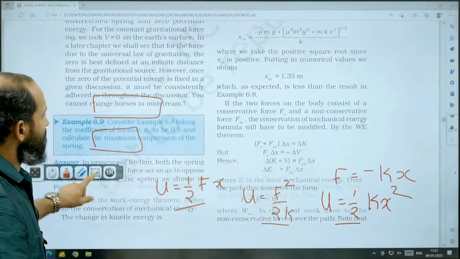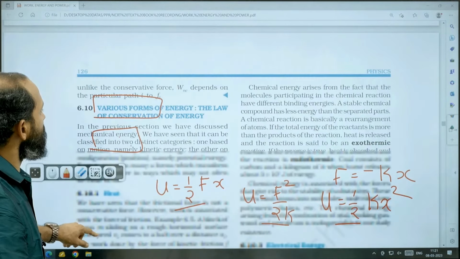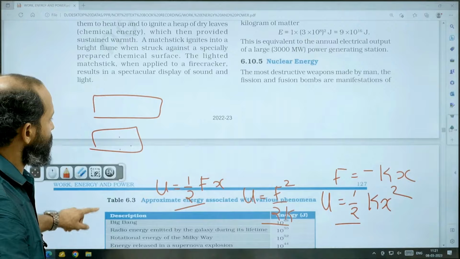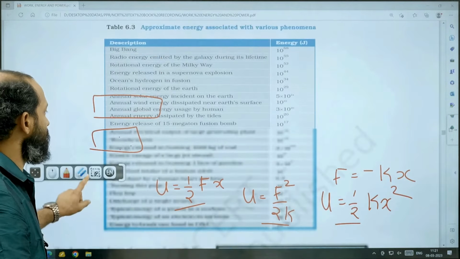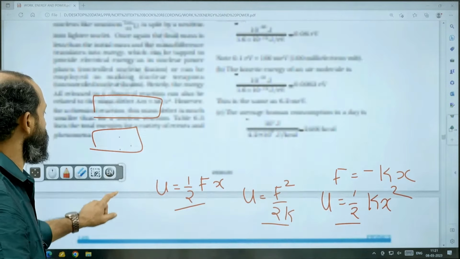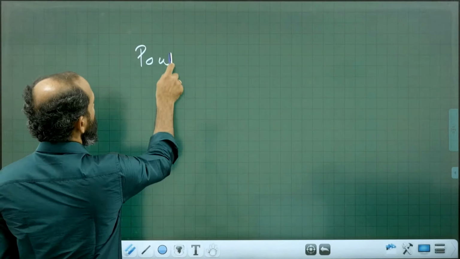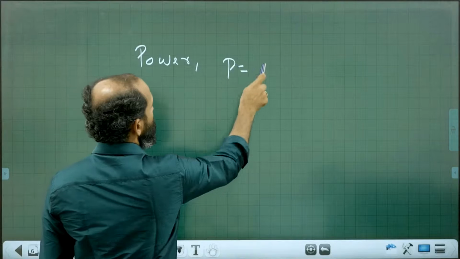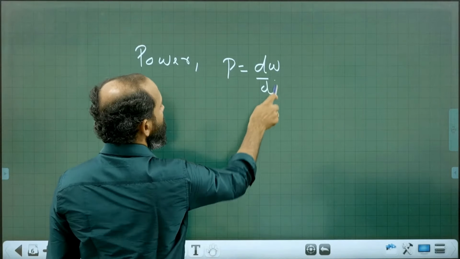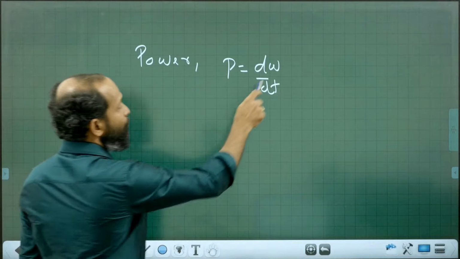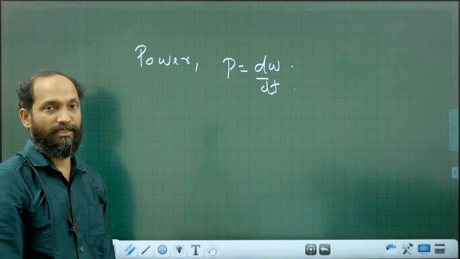Now the important topic of this chapter is collisions. Before that we have power. Let me conclude with power and collisions. Power is the rate of doing work. Power P is equal to dW by dt. Joule per second, or watt, is the unit.